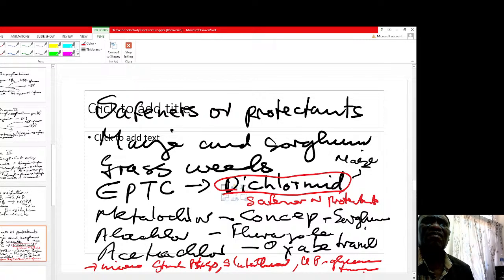So the protectants or the safeners may stimulate biochemical activities which may lead to degradation of the herbicides, and by doing so the crop is protected.